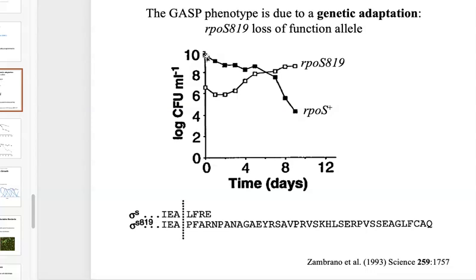What's interesting to note here is that the normal rpoS bacterium is unable to compete with the mutant. The mutant actually ends up outgrowing the wild type. For some reason, the loss of this stationary phase sigma factor gives this guy a competitive advantage. And so they referred to this as the GASP, growth advantage in stationary phase phenotype, from this particular science paper.